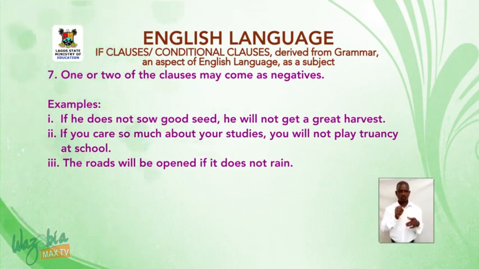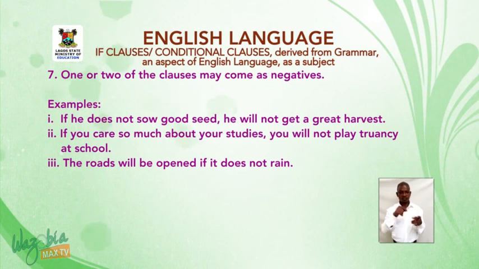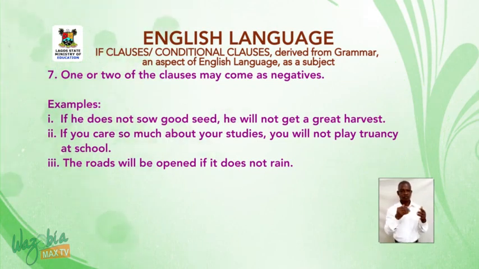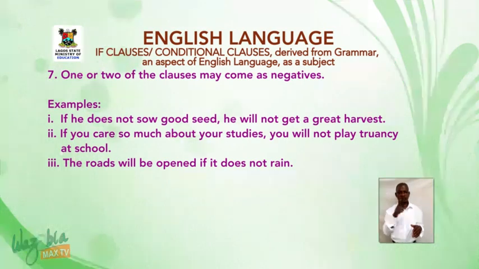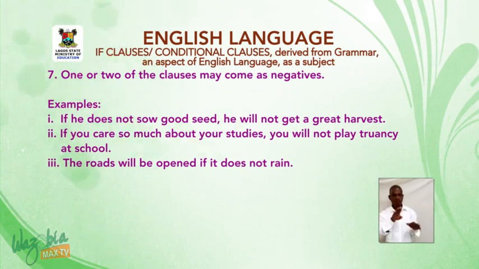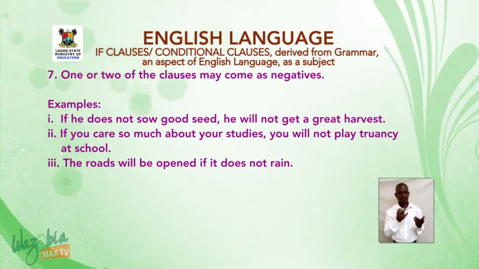If he does not sow good seed, he will not get a great harvest. 2. If you care so much about your studies, you will not play truancy at school. 3. The roads will be opened if it does not rain.